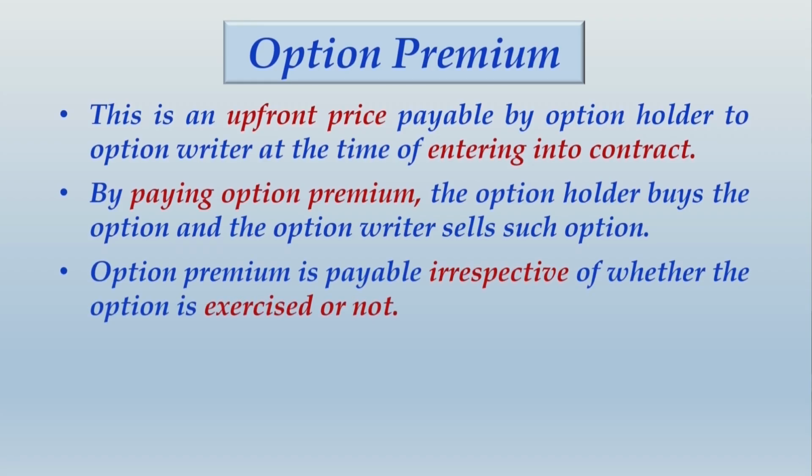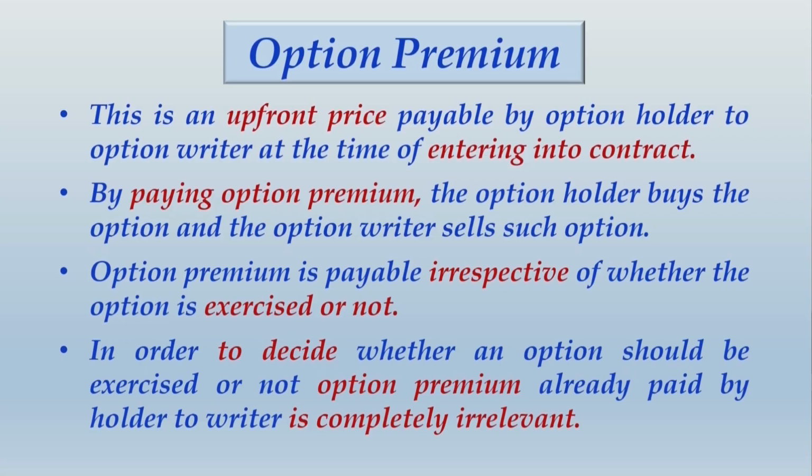Option premium is payable irrespective of whether the option is exercised or not. In order to decide whether an option should be exercised or not, option premium already paid by holder to writer is completely irrelevant. So please write up this whole thing, and with that we will be putting an end to this session.